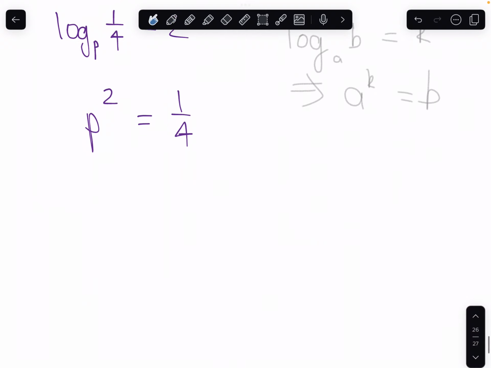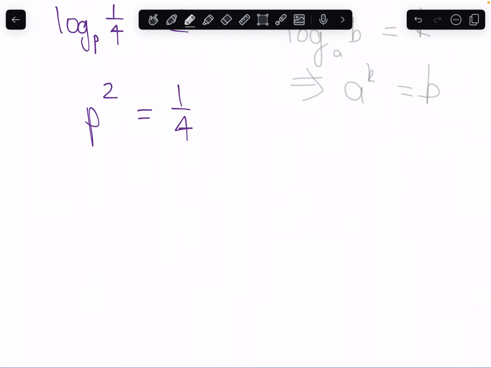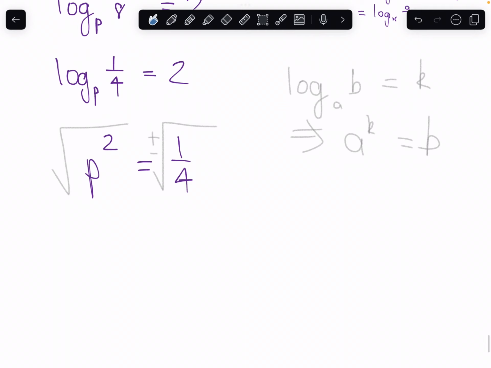We now have a quadratic expression, so take square roots on both sides, and remember it could be positive or negative. There's nothing that limits this base from being negative, I think.